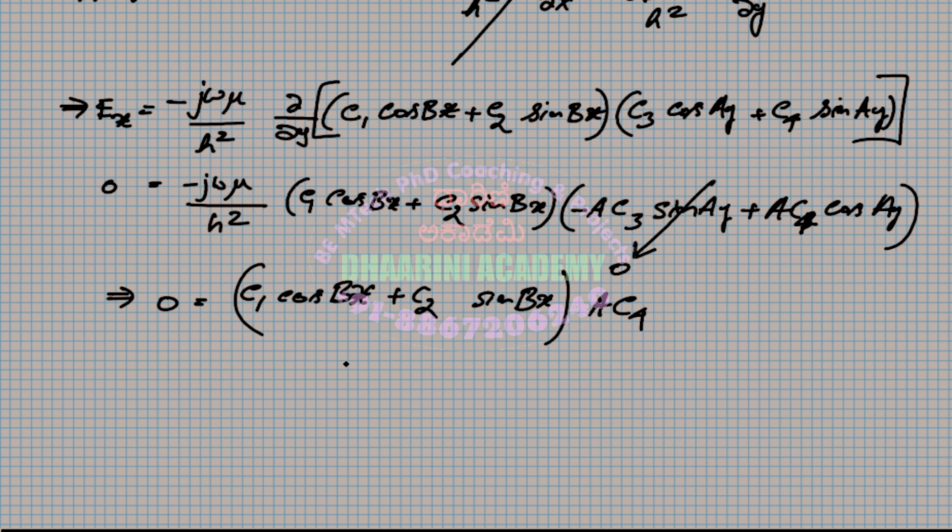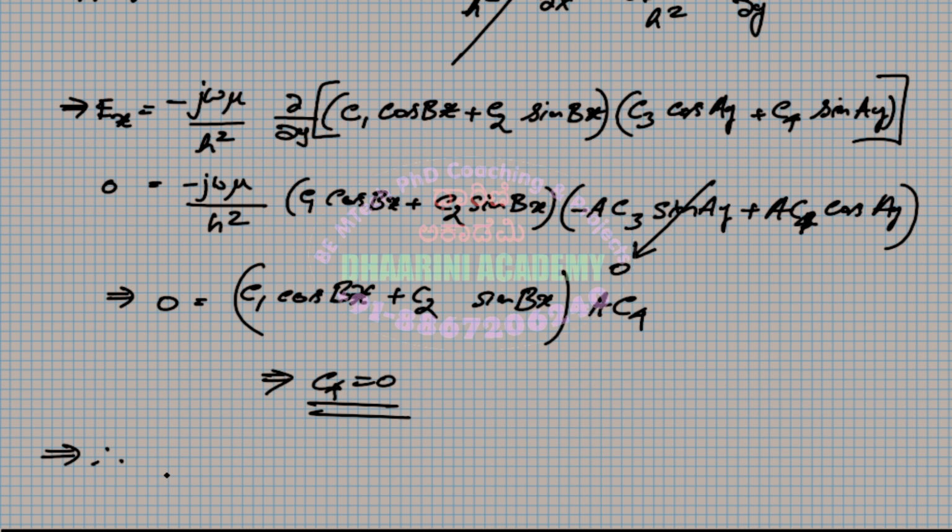So since x varies, this whole term cannot be equal to 0, because at a particular point when x equals 0 or x equals some point, the term may become equal to 0, but I cannot make a statement that it's completely equal to 0. So because of that reason, the only term that I can equate to 0 here is C4. This implies the C4 becomes equal to 0.